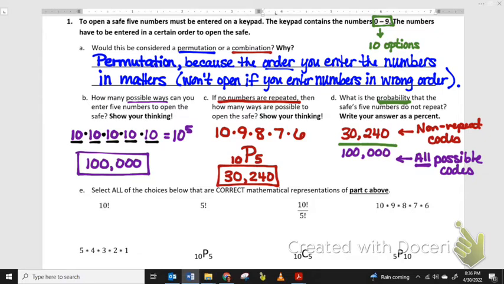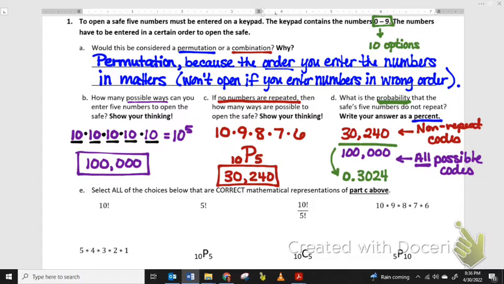How did it say it wanted my answer? As a percent. So I'm going to need to grab my calculator. I'm going to need to divide this. What do you get when you divide this on your calculator? 0.3024.